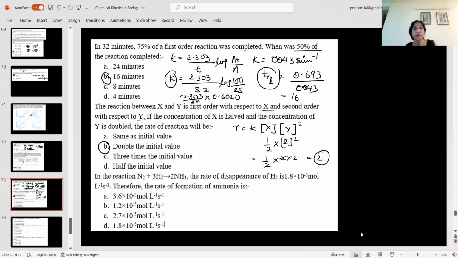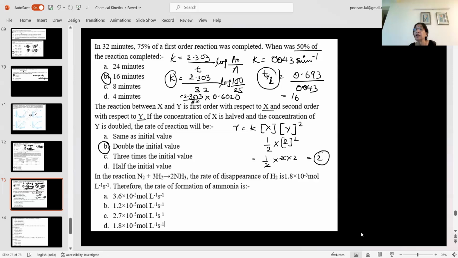Now look at the next question. In the reaction N2 plus 3H2, the rate of disappearance of hydrogen is 1.8 into 10 raised to minus 5 moles per liter per second. Therefore, the rate of formation of ammonia will be? So first, you look at the reaction. Now we know the rate of disappearance of hydrogen, which is 1.8. Now the rate of appearance of ammonia.